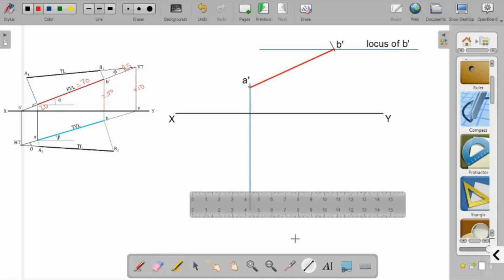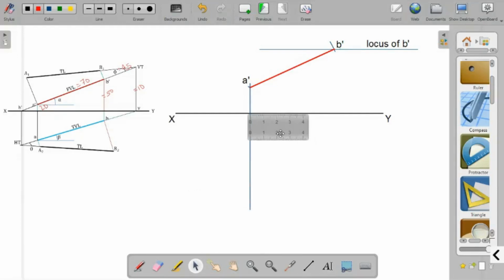Now 10 millimeter above this line, above XY line, mark a point.